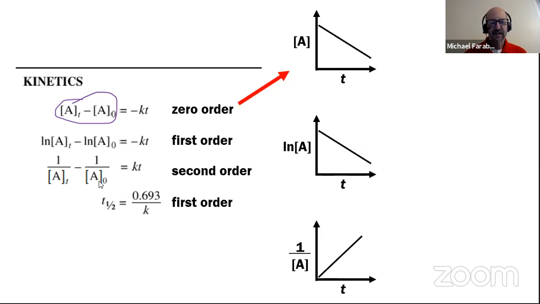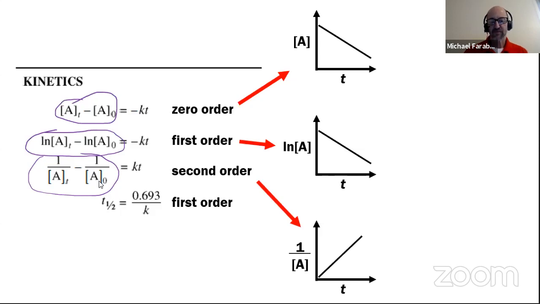If you have natural log of concentration versus time, again, the slope would equal negative k. And if you plot 1 over the concentration versus time and you get a rising straight line, then the slope would be k.